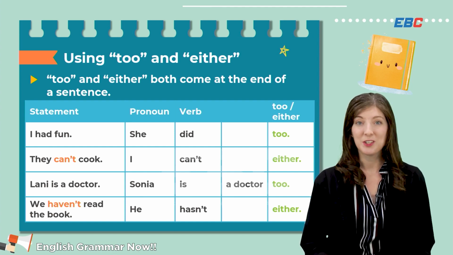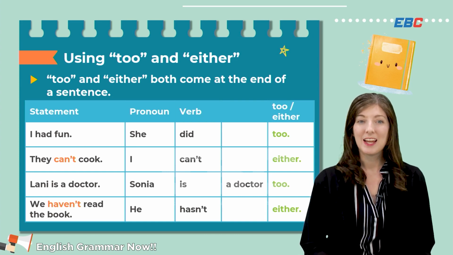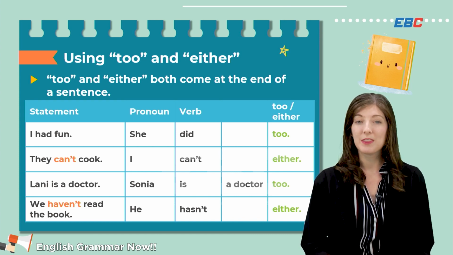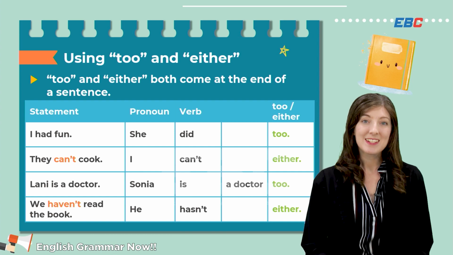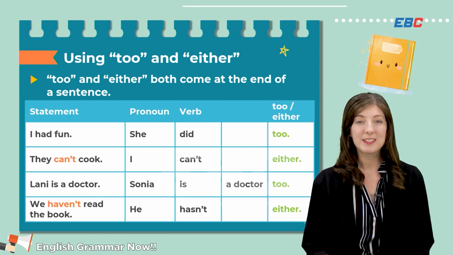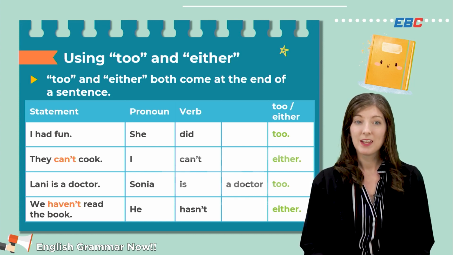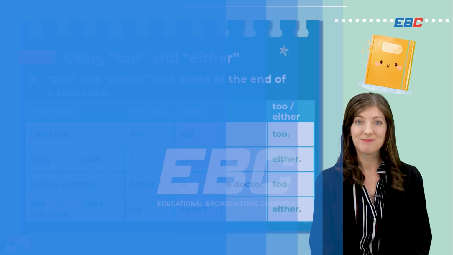They can't cook, I can't either. Lanny is a doctor, Sonia is a doctor too. We haven't read the book, he hasn't either. You can see that our two examples that use either both have negative verbs, can't and haven't.